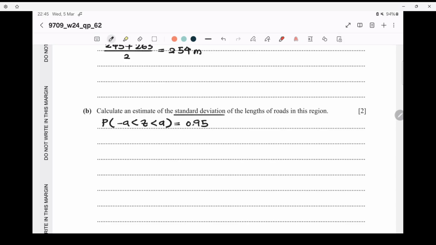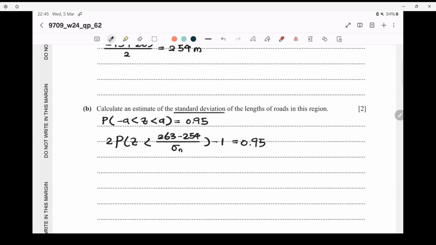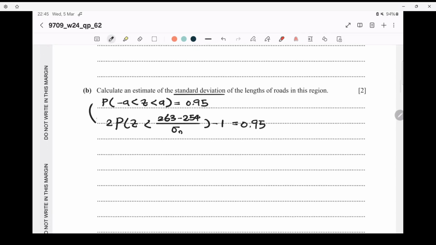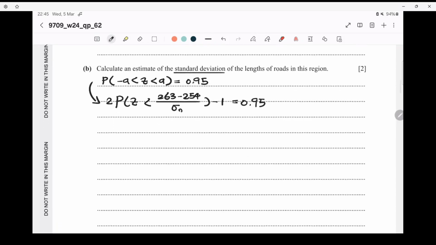In my video on this particular chapter, I've shown how to convert this form back into this. 263, 254 divided by your sample standard deviation minus 195. So if you don't know how to convert this, refer back to the previous video.